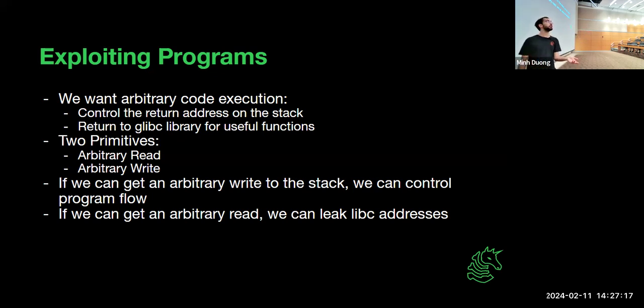It doesn't even matter if there's a canary, because if you can choose where to write to on the stack, the canary is only blocking buffer overflows, right? If you're just able to overwrite the return address by addressing it, then canaries don't matter and you get control flow. And likewise, getting an arbitrary read, we can get those libc base addresses to defeat address space layout randomization, and know what we want to write to our return addresses.